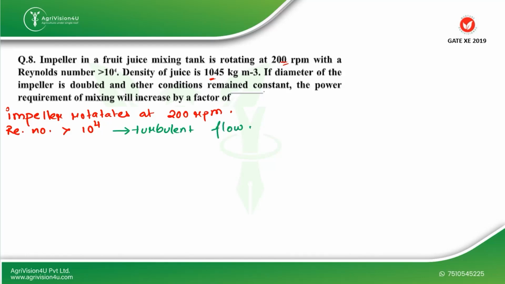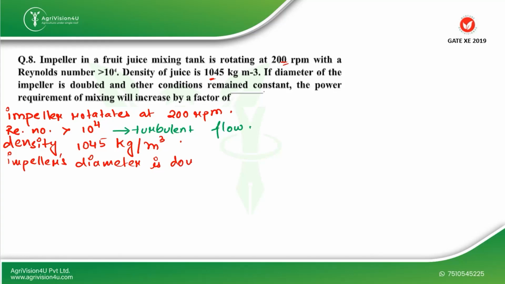And the density is given as 1045 kg per meter cube. And the impeller's diameter, it is said that it is doubled, and the other conditions remain constant.